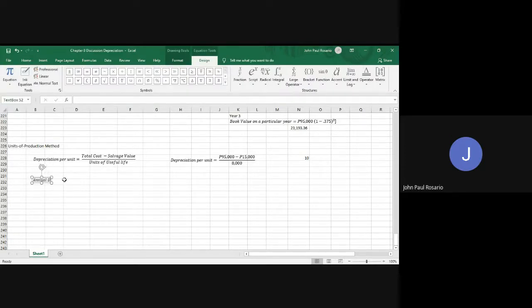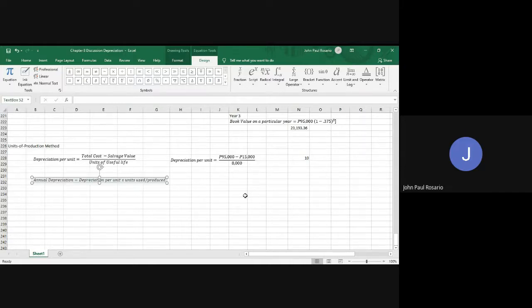Annual depreciation is equal to depreciation per unit multiplied by the units used or produced.